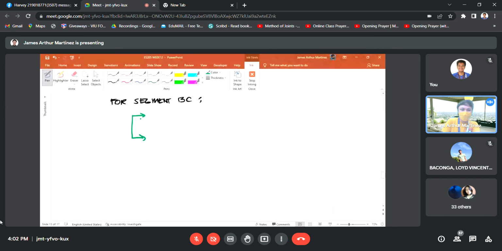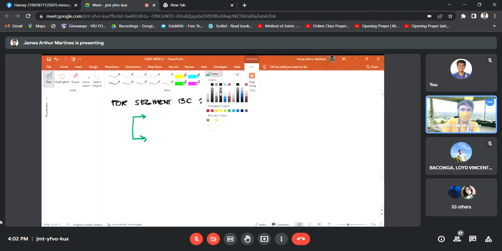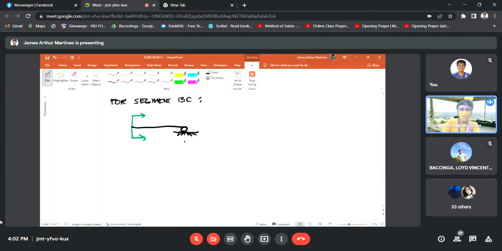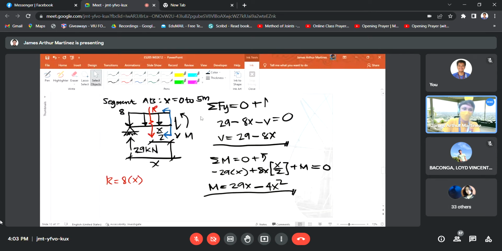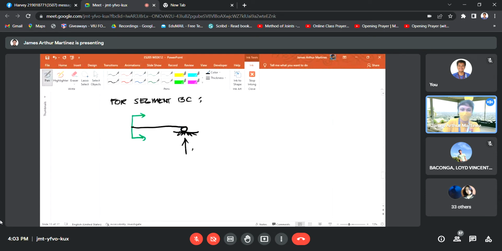So we have this free body diagram of our cut section. The roller support and your reaction C_y, which is 11 kilonewtons. So its internal shear and moment are exposed, right? We are taking the right side of the beam.